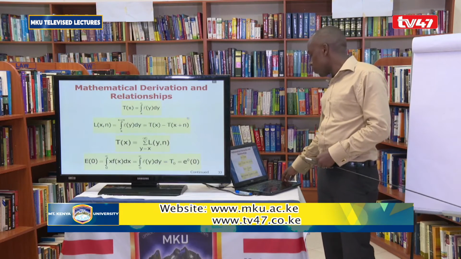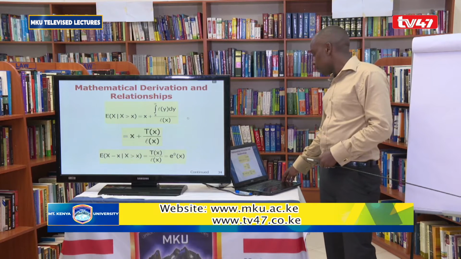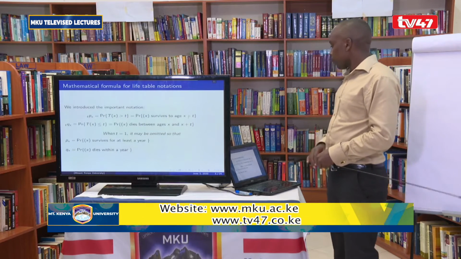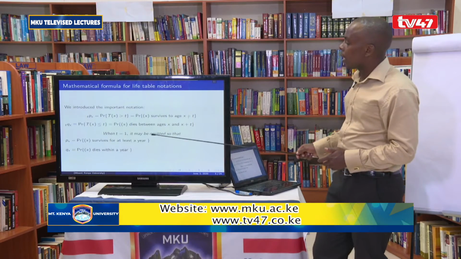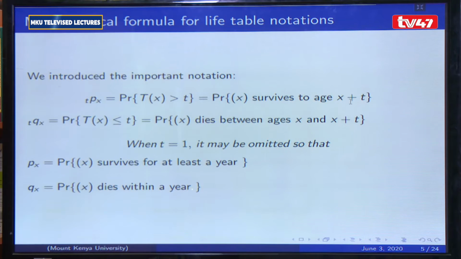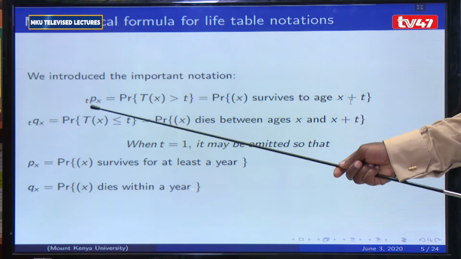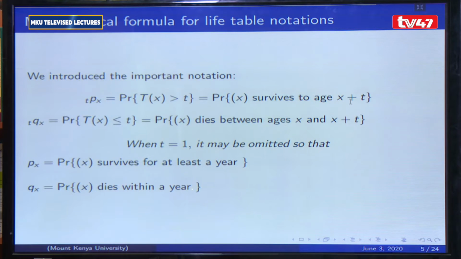So I want us to look at, or to introduce, these probabilities as we have defined them in detail. And when we refer to n as t or n, in most cases, some texts will work with npx or tpx.